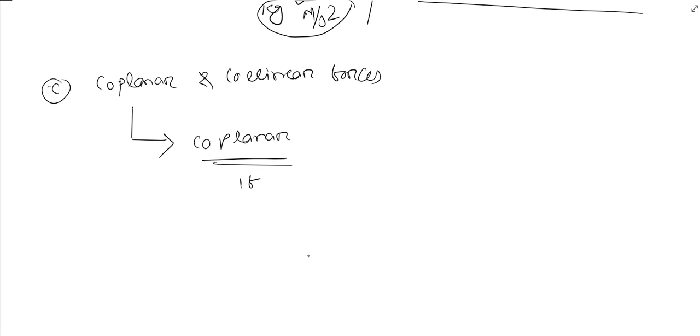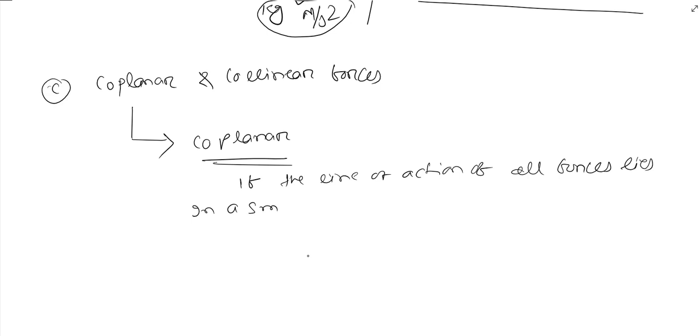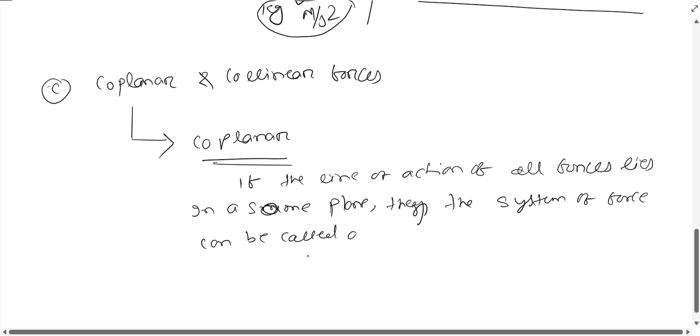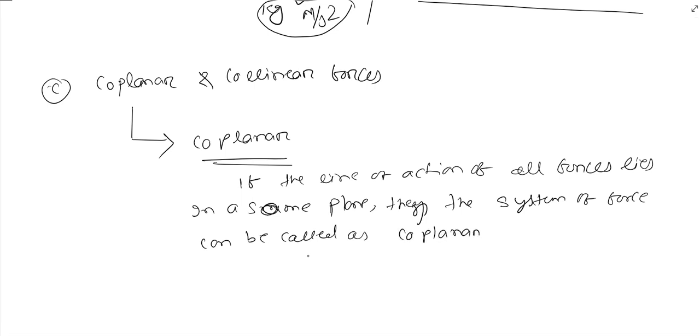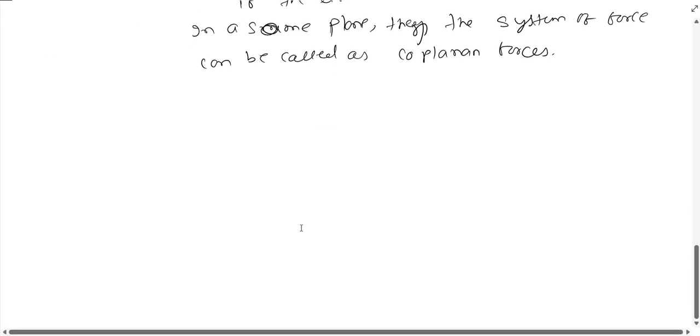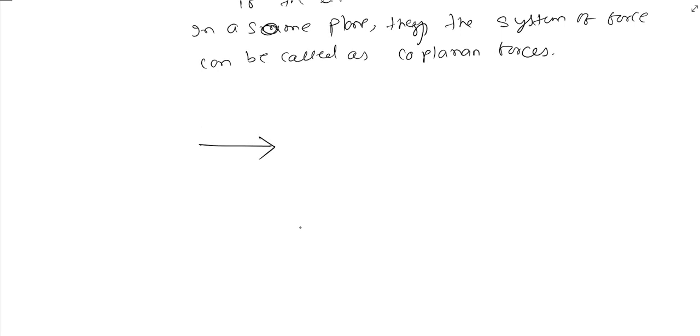If the line of action of all forces lies in a same plane, then the system of force can be called as coplanar forces. Okay, so if this is a force F, then this total line is the line of action of force.